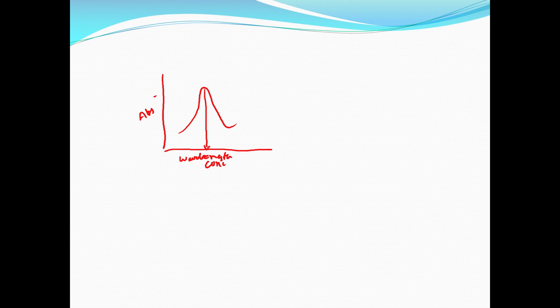So, I know where to take the measurement, where the absorbance response is optimum. Now, suppose sometimes the color is not very well defined. This is when the color is defined well. That means lambda max is precise.